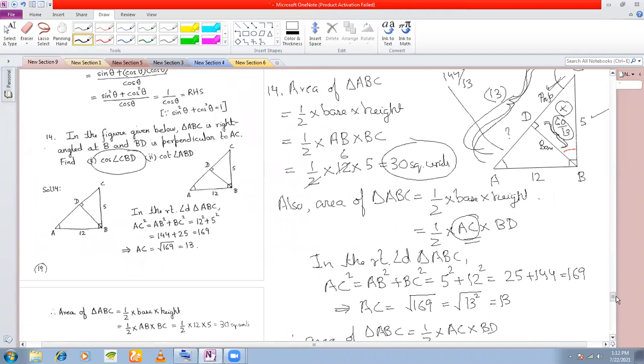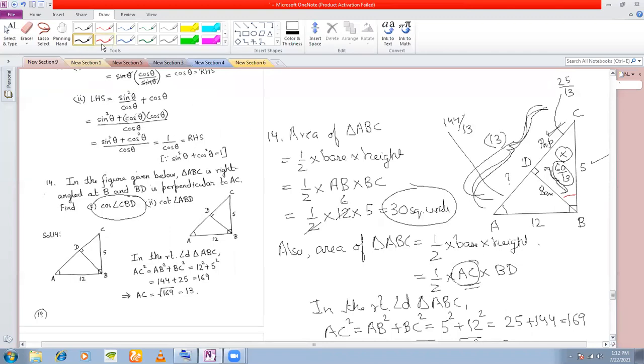No, sir. Then we move on to the next part of this question, which is cot angle ABD. Now for cot, you need to find out tan, right? Once you know tan, you just take the reciprocal of tan to find out cot. Let's take tan of angle ABD. But look at the angle. Which angle is here? Let me mark this in green. ABD. This is the angle that we're talking about.